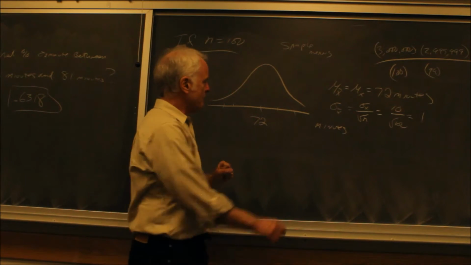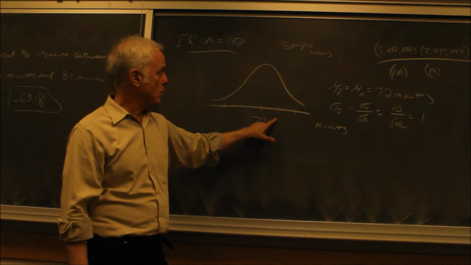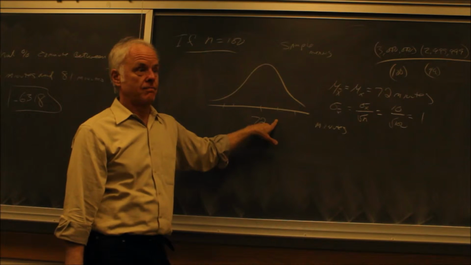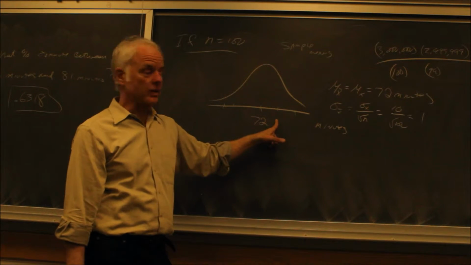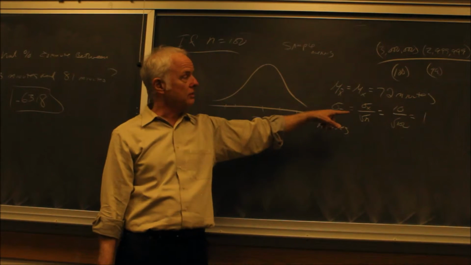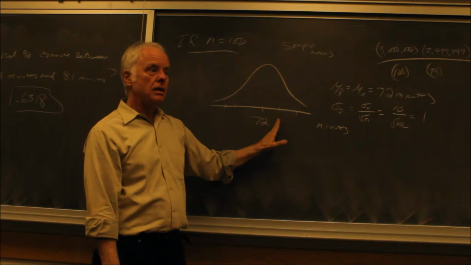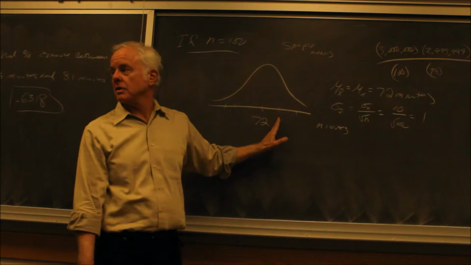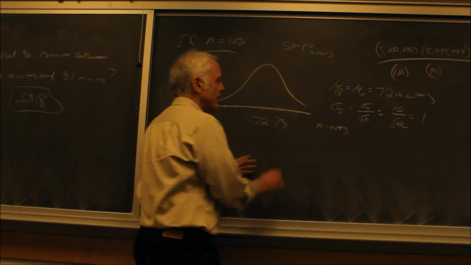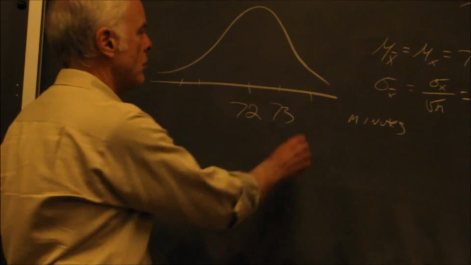So if I were to go 1 minute to the right, what is the value of all these observations? If I go 1 standard deviation to the right, well, what's 1 standard error? It's 1 minute. And so what are the sample means that are 1 standard deviation to the right? 73 minutes. If I go 2 standard deviations to the right, 74.